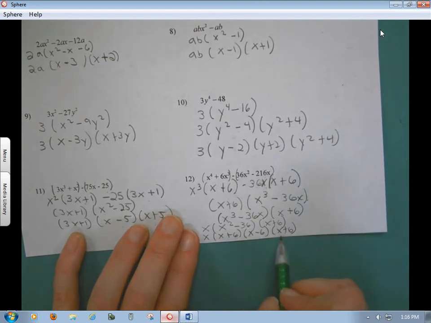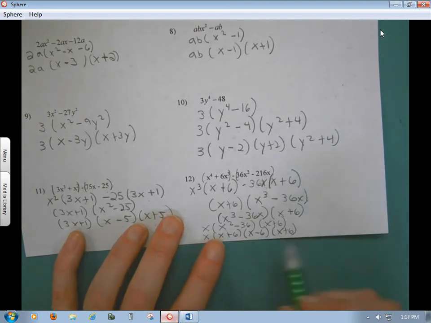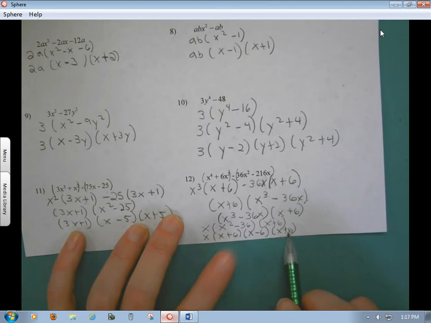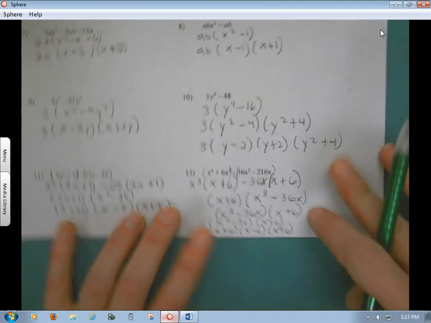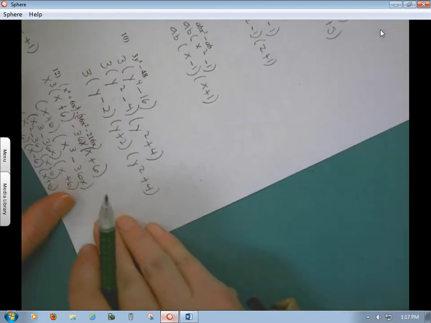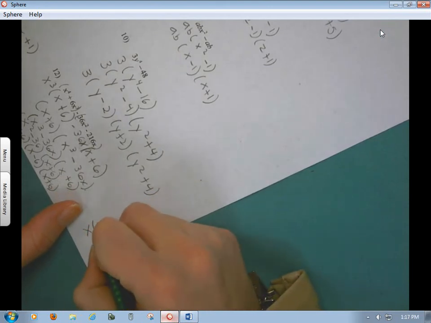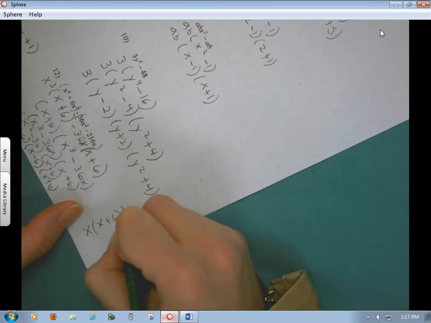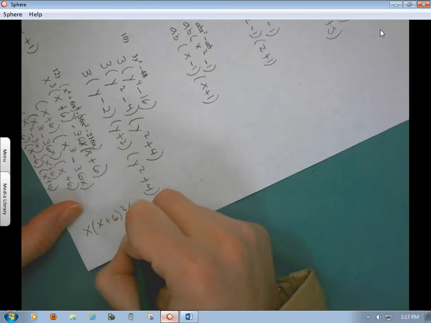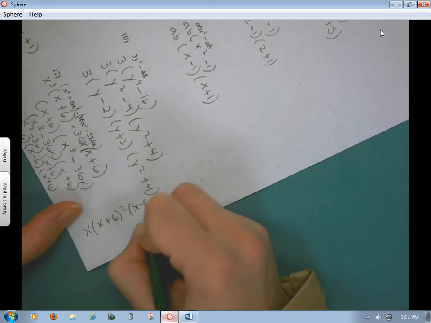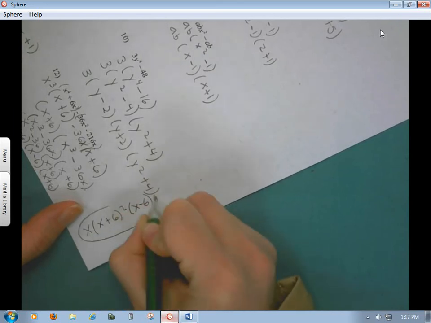Okay, everything's factored as low as it can go. Notice you have x plus 6 twice. So I'm actually going to rewrite that as x times x plus 6 squared times, what would I have left, an x minus 6. So that's actually the answer for that.